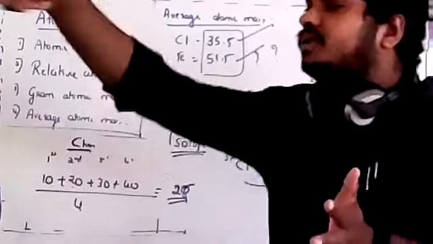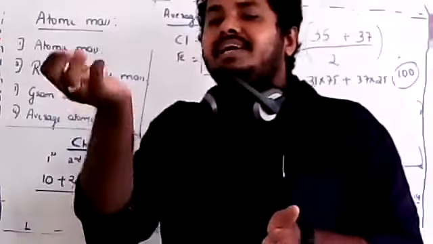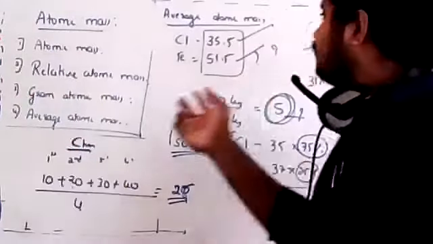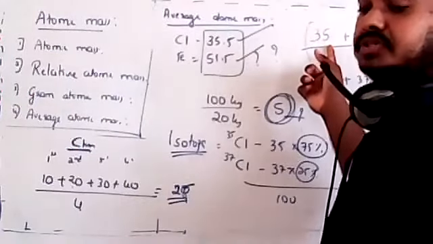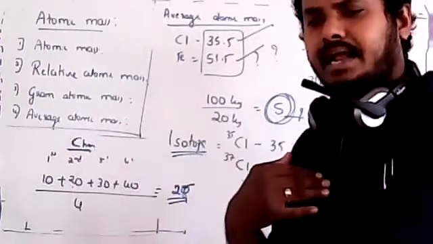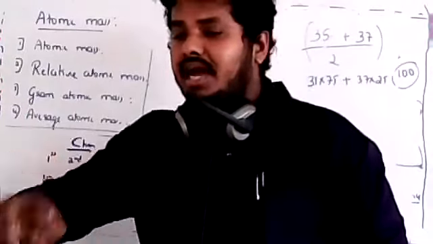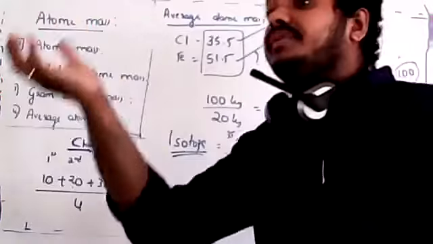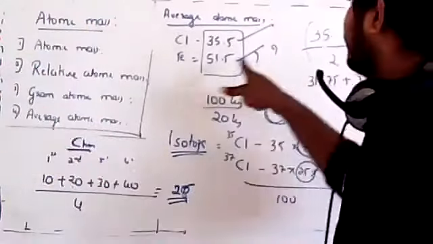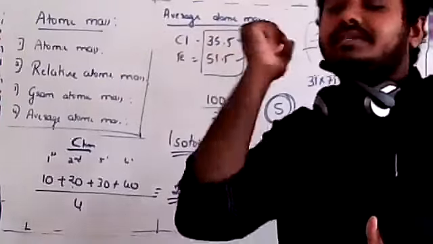If I remove each and every chlorine, there are 75 chlorine which would weigh 35 grams. This would actually weigh 35 AMU, but for our convenience, we'll take it as grams only. So in that bucket, 100 chlorine are there, 75 chlorine would weigh 35 grams, and the other 25 chlorine would weigh 37 grams.